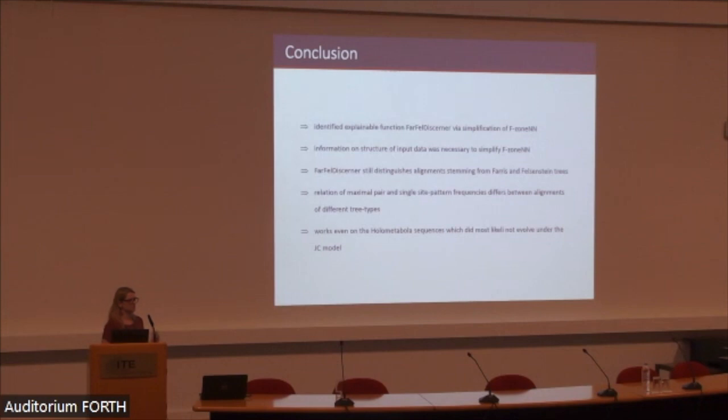And of course, this simplification cannot simply be applied to any neural network. But I think, especially if we have data with such symmetries, we can sometimes try to use them and identify simpler functions which are still explainable.